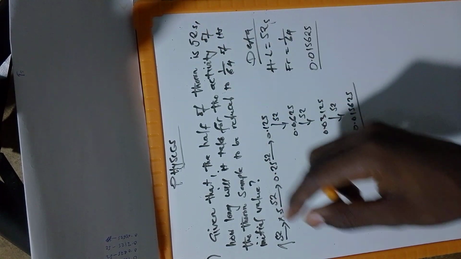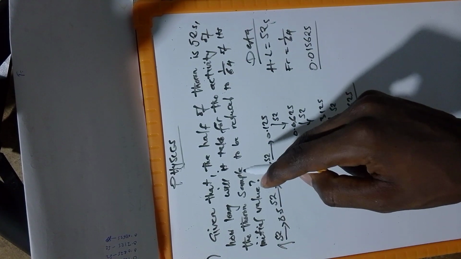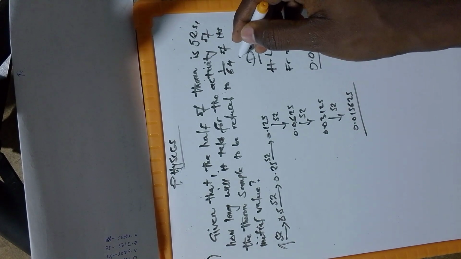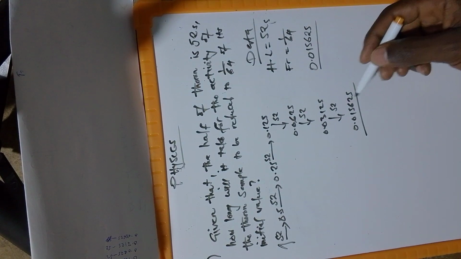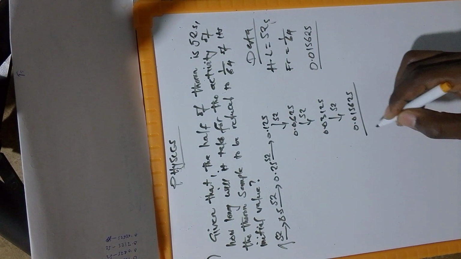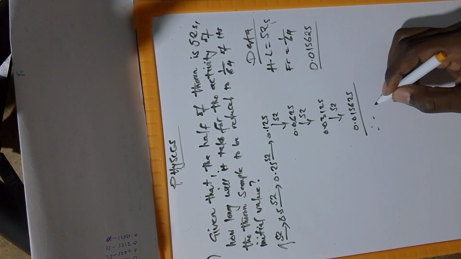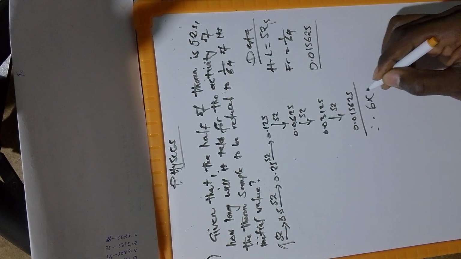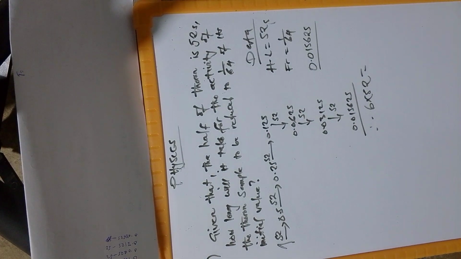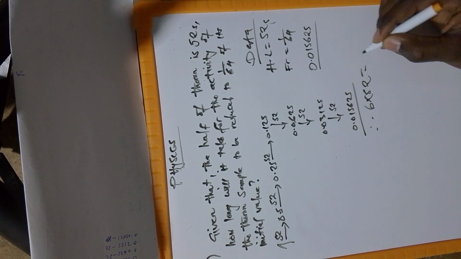So for this sample to be reduced to 1/64, we need to move 6 times as our half-lives. Therefore, the answer will give us 6 times 52, which is equivalent to 312.